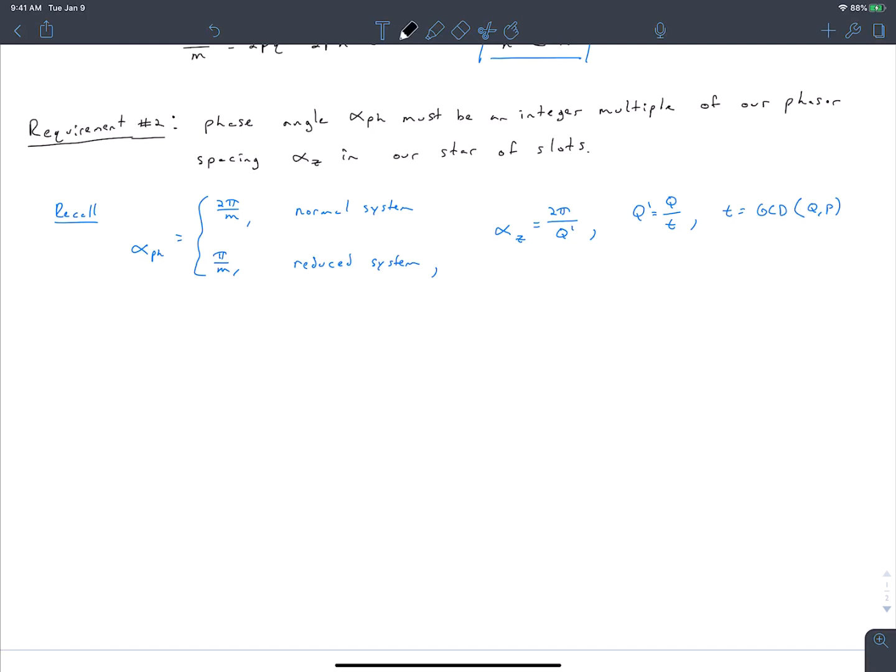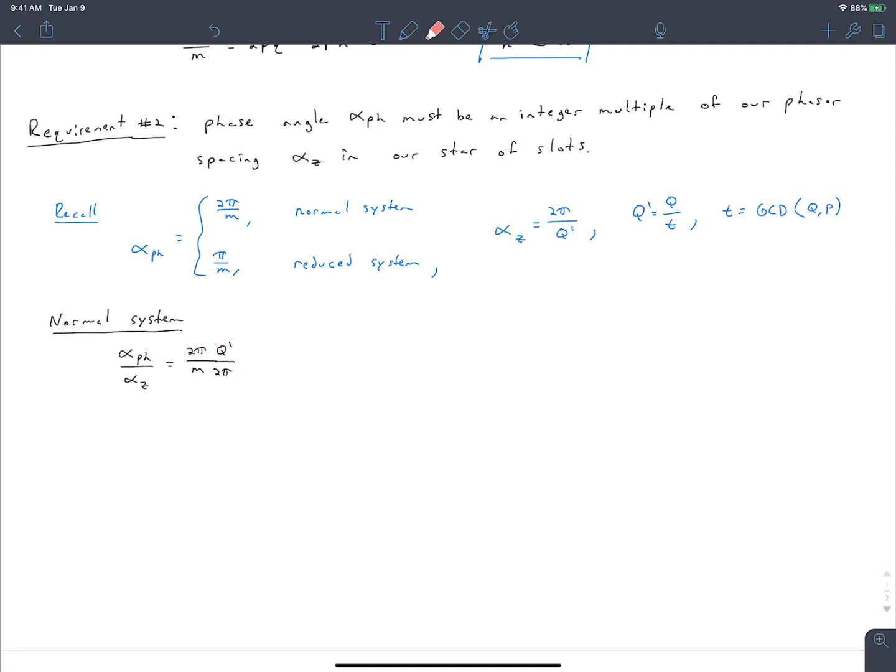And we're going to do this by dividing alpha phase by alpha z. That is, our phase angle spacing divided by our phasor spacing, and impose a constraint that it must be an integer. And so you'll see here I've plugged in alpha phase right there for a normal system, and on the right I've plugged in 1 over alpha z.